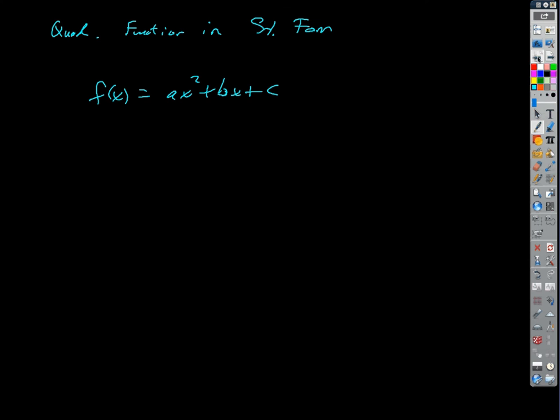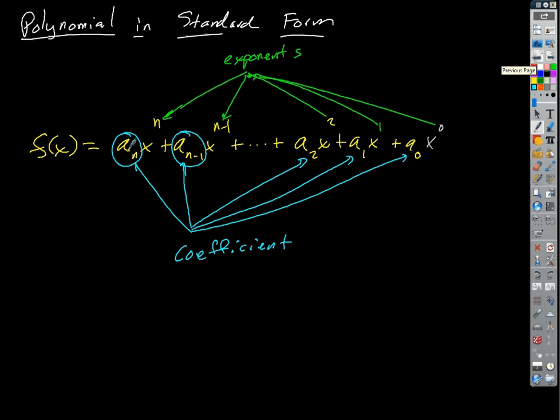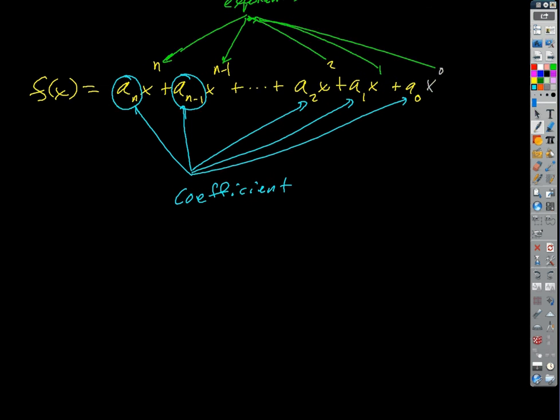Just like in this case, each one of these, a sub n minus 1, a sub n minus 2 if we kept going, all the way down to a sub 2, a sub 1, a sub 0. Those are just numbers, right? These just represent the places where those numbers go, though. Okay? Make sense? So if here's our polynomial in standard form, there are some important things we can say about this.